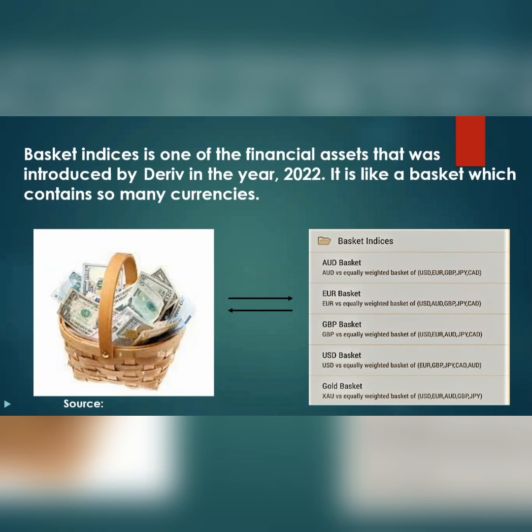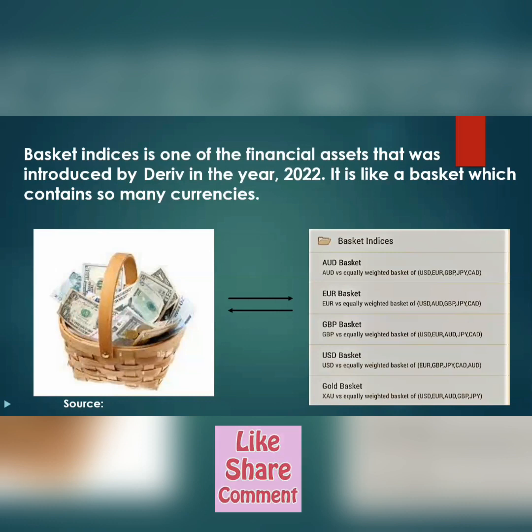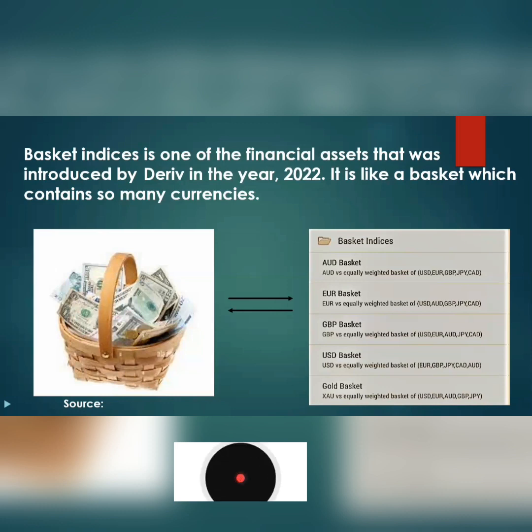But Deriv decided to bring all of them under basket indices. And each of these baskets is equally weighted at 20%. For example, the AUD basket comprises 20% each of USD, Euro, Pound, Japanese yen, and Canadian dollar.